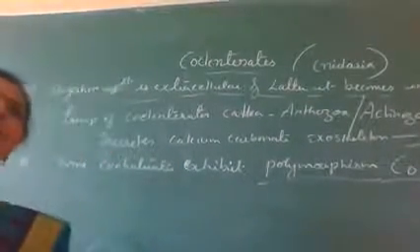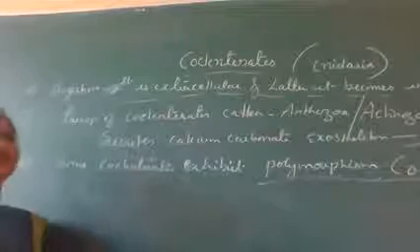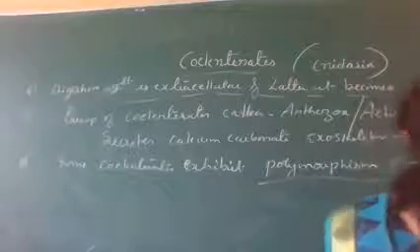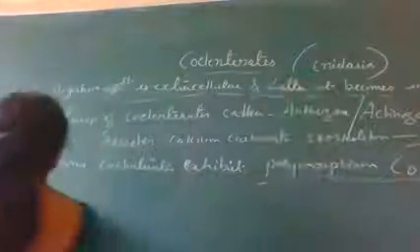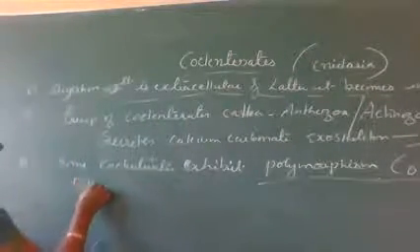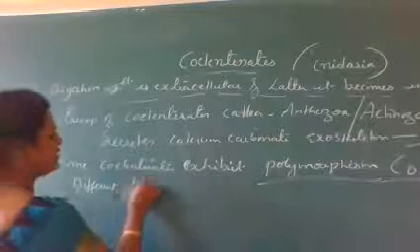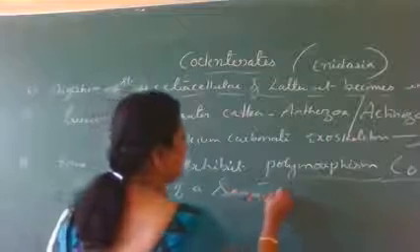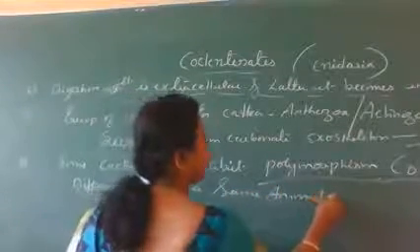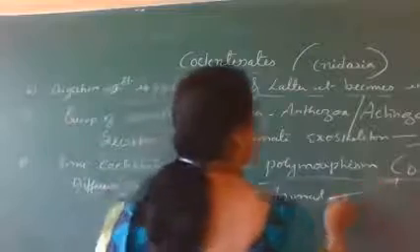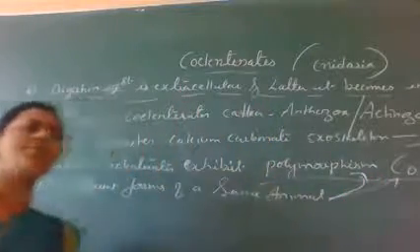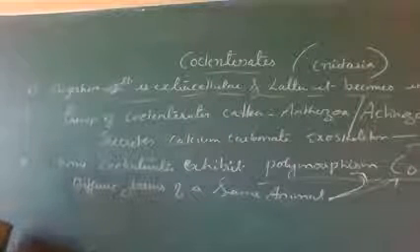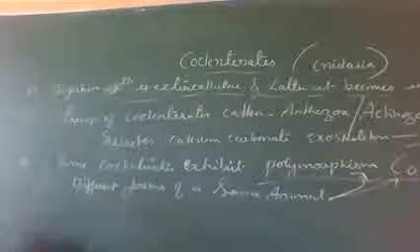The presence of different forms in the same animal. Different forms of the same animal is called what? Polymorphism.